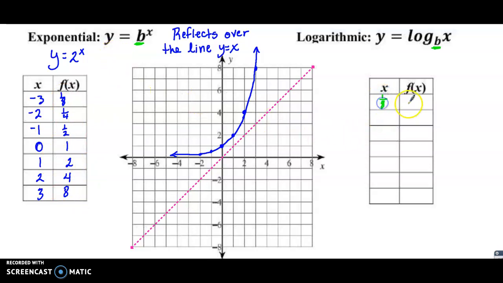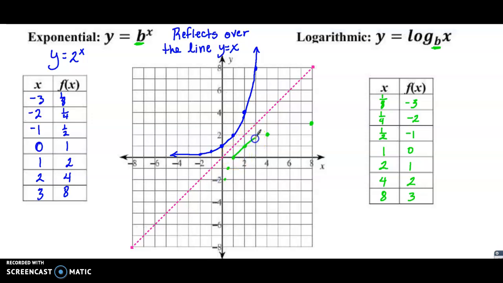So this would become 1/8 and negative 3, 1/4 and negative 2, 1/2 and negative 1, 1, 0, 2, 1, 4, 2, and 8, 3. And notice when I graph those, I have 1, 0, I have 2, 1, I have 4, 2, and I have 8, 3. I also have 1/2, negative 1, 1/4, negative 2, and so on.